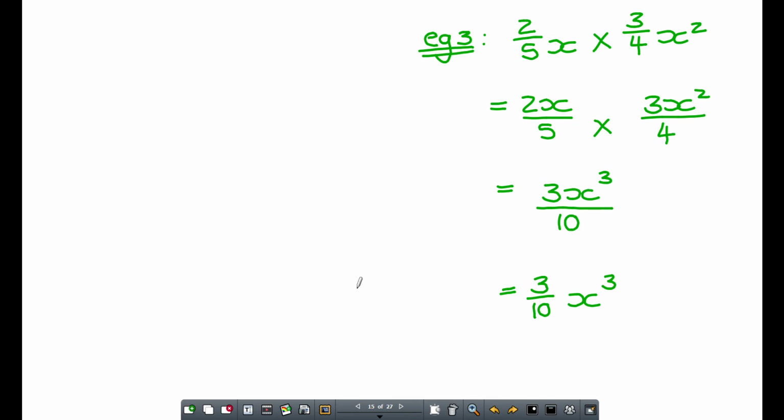Done. Okay. I'm quickly going to show you that same one, and if you don't like this method, you don't have to write it down. I just want to show you what the textbook does.